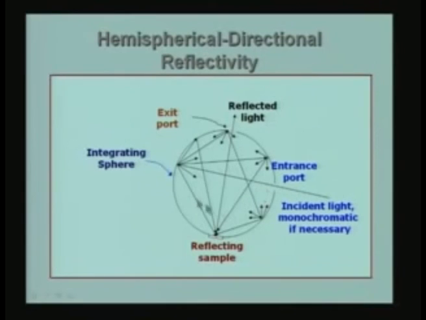This is going to be gathered by the sphere, and the sphere is going to respond entirely to the amount of energy which is reflected from the surface in all directions. Therefore, if I make a hole here and allow the reflected light to pass through, I will be measuring a quantity which is related to the hemispherical value corresponding to the reflecting sample.